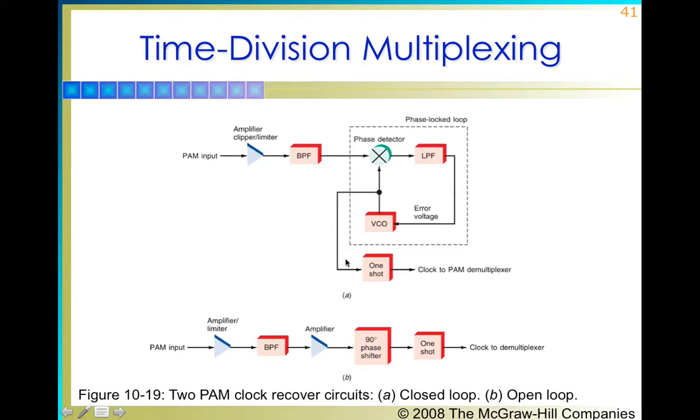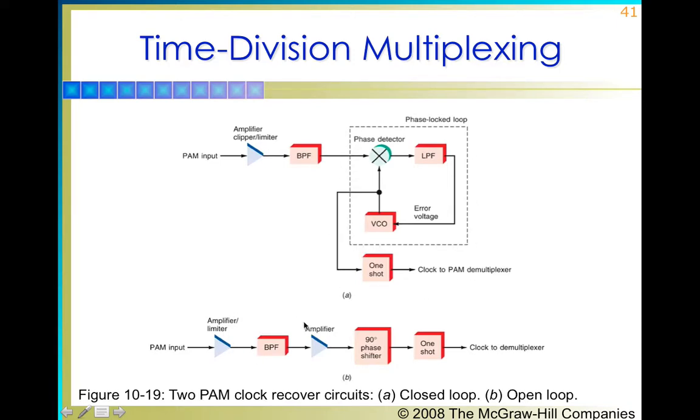These oscillations are fed to the one shot multivibrator, which generates the clock signal for the PAM demultiplexer. This is one way of detecting the clock signal for the demultiplexer, and it is called closed loop.